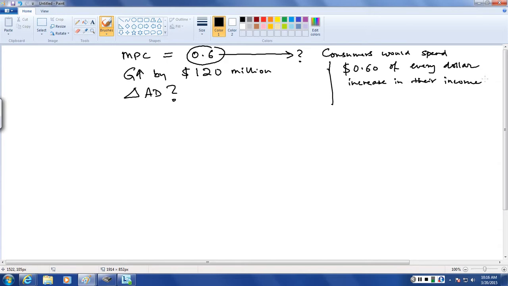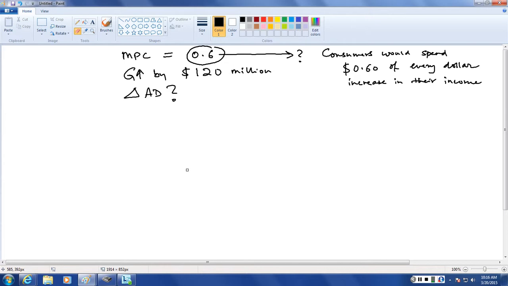That's what that 0.6 means. Is that correct? Because that is the meaning of the MPC. Right? Are we all clear with this, what the MPC means? So how do we figure out the change in aggregate demand in this case?